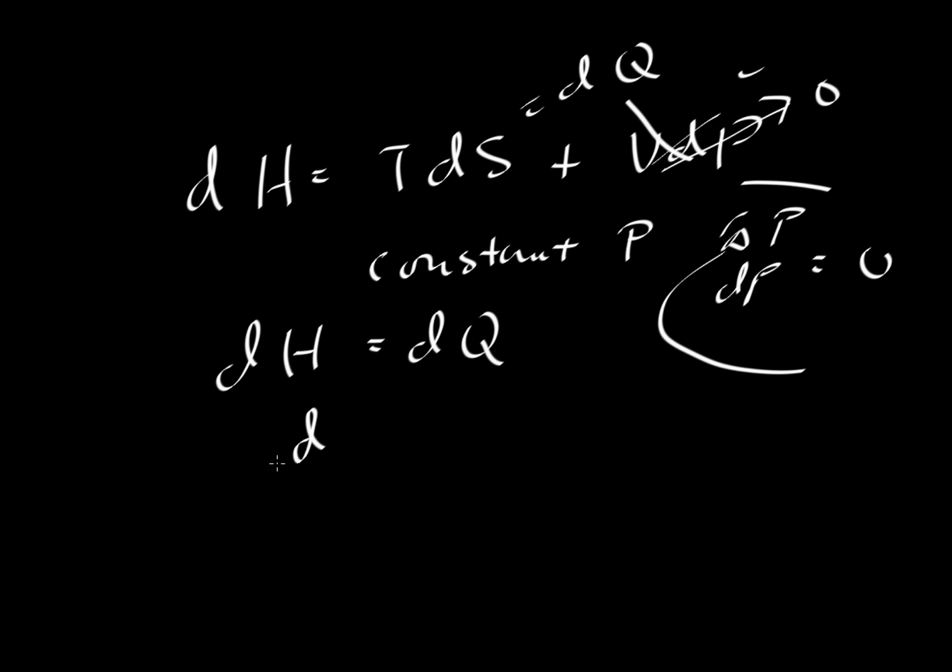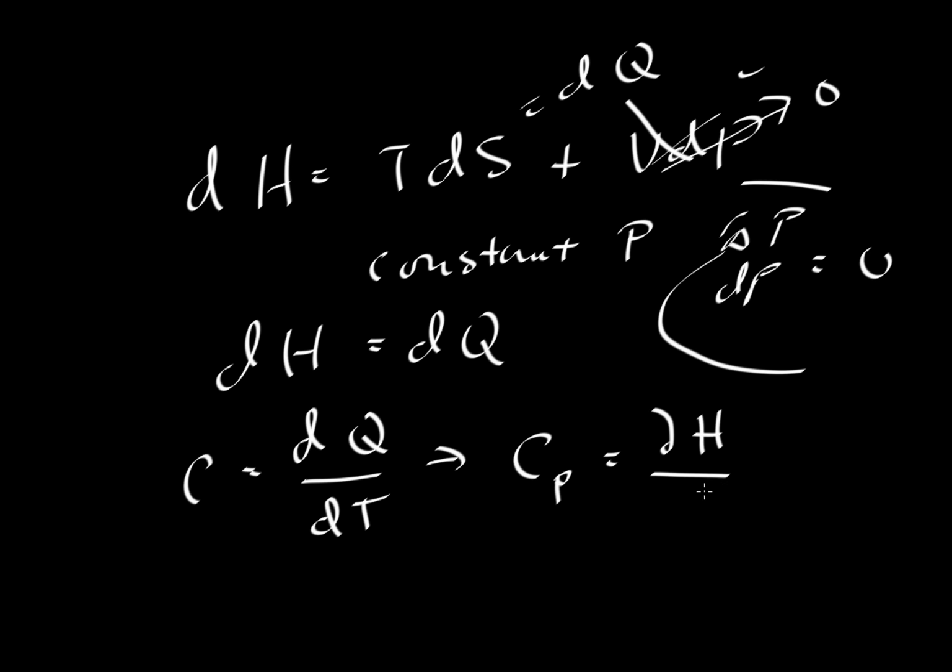So if C is equal to dQ over dT, we can also say that if we hold pressure constant, and now we'll write the partial, it's the same thing as this. So the heat capacity at constant pressure is the enthalpy change divided by some change in temperature.